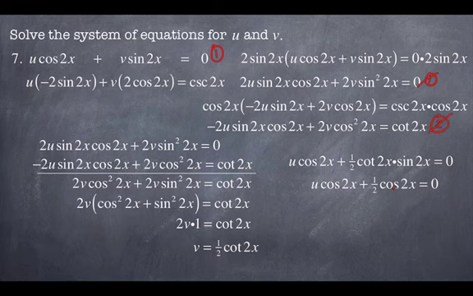Then I am going to divide everything by cosine 2x. Why? Because like I said a second ago, this is like a constant because we're solving for u and v. Once I do that, this is what I have: u plus 1/2 equals 0, and u is equal to -1/2.